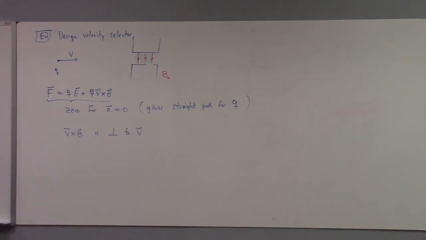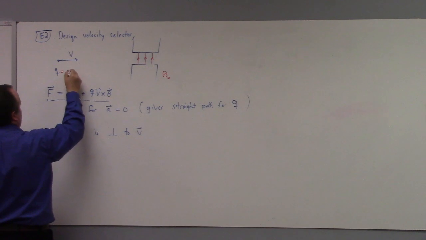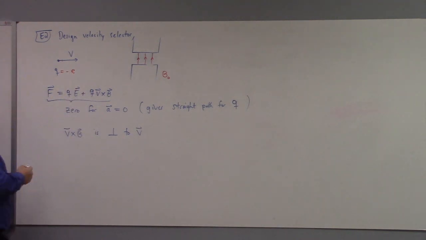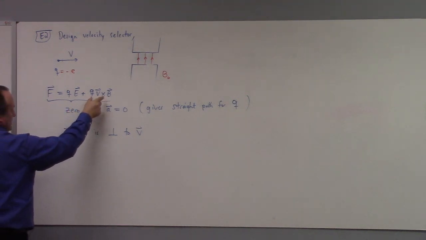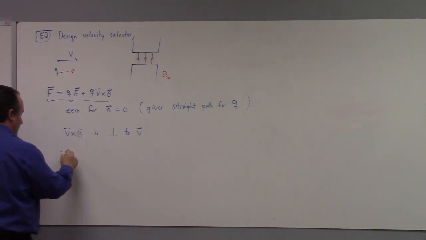If you do that, if that's my given magnetic field and I'm making velocity go this way, what direction is V cross B then? Let's say Q is equal to minus E, like the charge on an electron, right? If we do that, what is the direction of this, minus E V cross B?